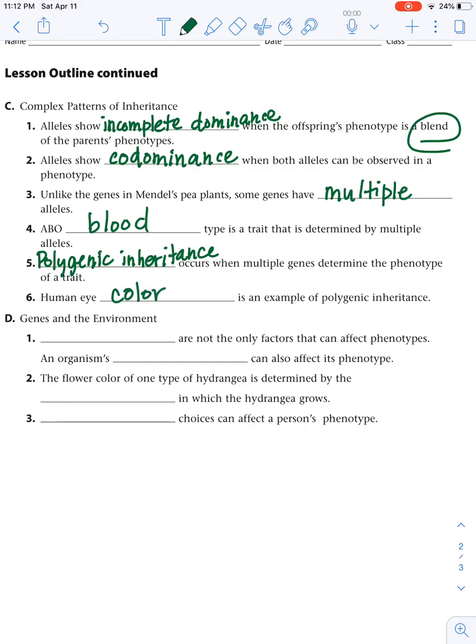All right, let's look down at letter D then, genes and the environment. Well, genes are a factor that influences phenotypes, but they are not the only factor. That's because an organism's environment can also affect a phenotype.